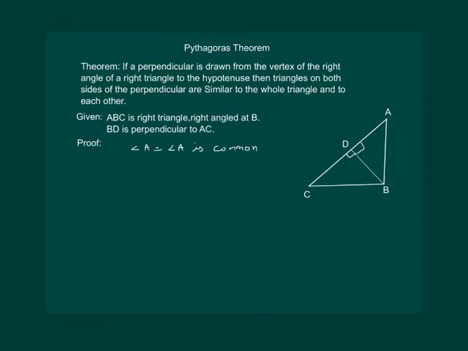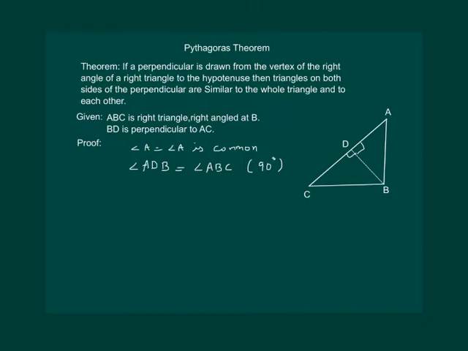Also, we can see that angle ADB is equal to angle ABC, as both are 90 degrees. So we have proved the small triangle and the complete triangle similar by AA property.